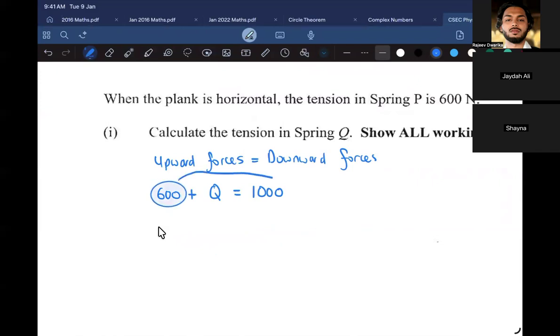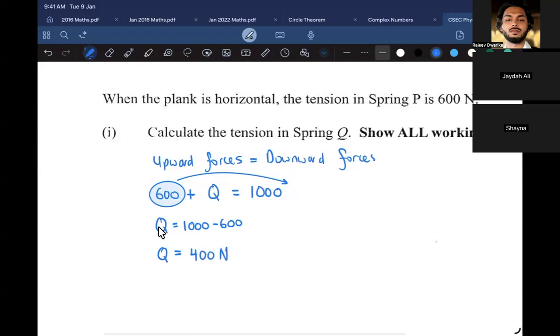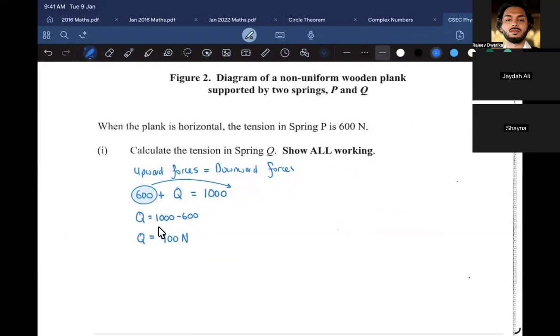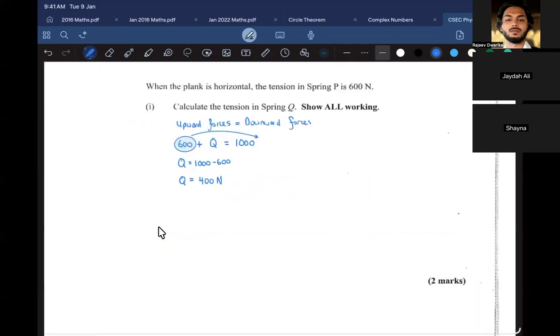So if you move positive 600 across, it's going to turn to negative 600. So Q is going to be equal to 1,000 minus 600. And what is that going to give you? 400 newtons. Right, so that's the tension in spring Q. So let me know if you fully understand that question. Yes, I do.